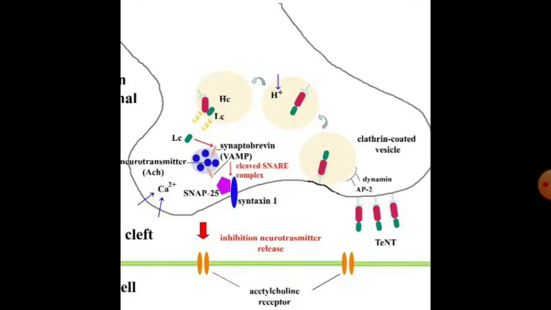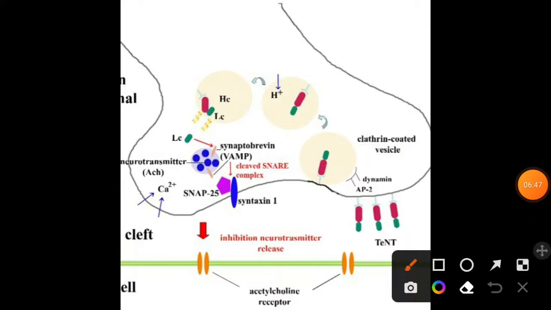So the neurotransmitter which is involved in contraction of the muscle, that is known as acetylcholine, is inhibited, or the release of the acetylcholine is inhibited by the botulinum toxin, that is secreted by Clostridium botulinum, okay. And that means what?